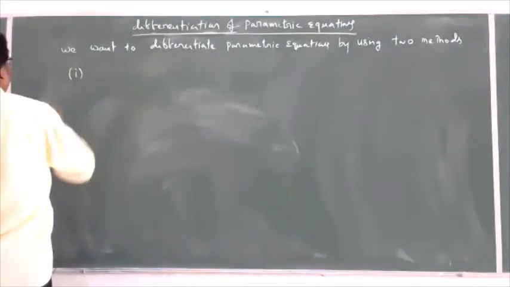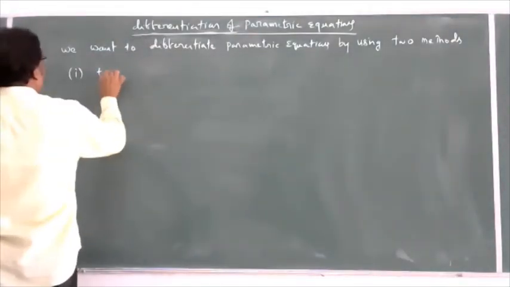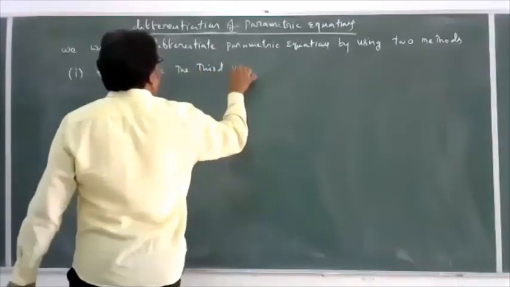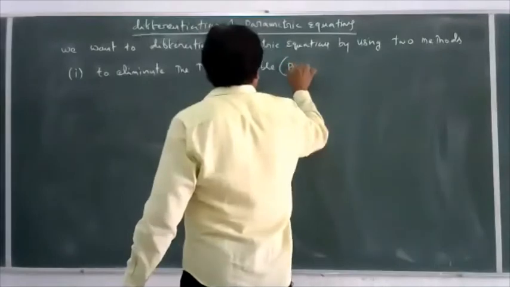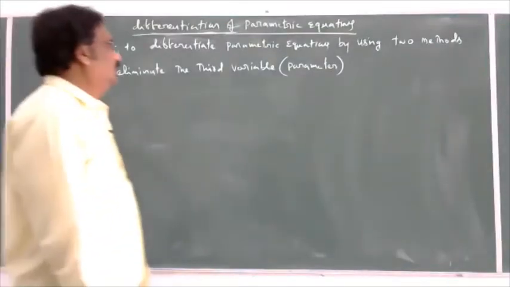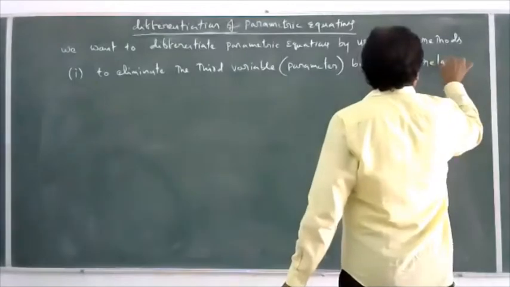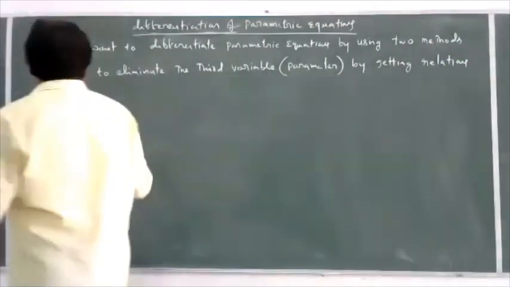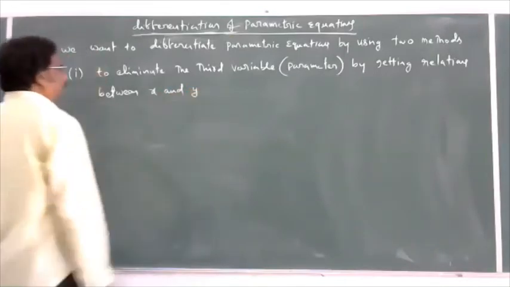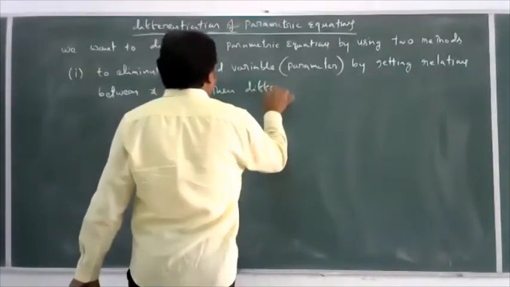Number one, first method: to eliminate the third variable, that is the parameter, by getting a relation between x and y, then differentiate.